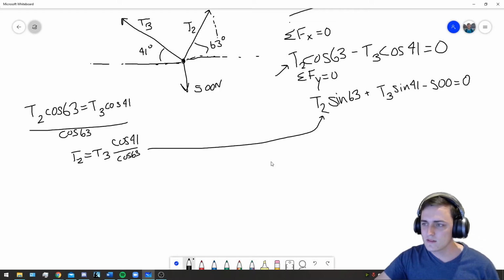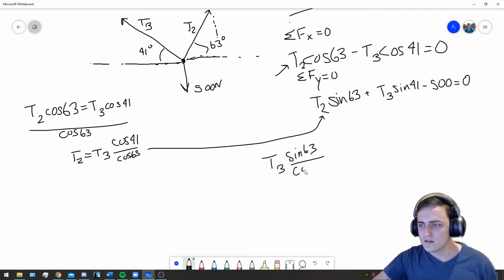Doing so shows us that we have T3 times sine 63 divided by cosine 63, and also we have this cosine 41. So this can be a little confusing. We're sort of getting a little garbled up. What we're really just doing is replacing these three terms into T2.